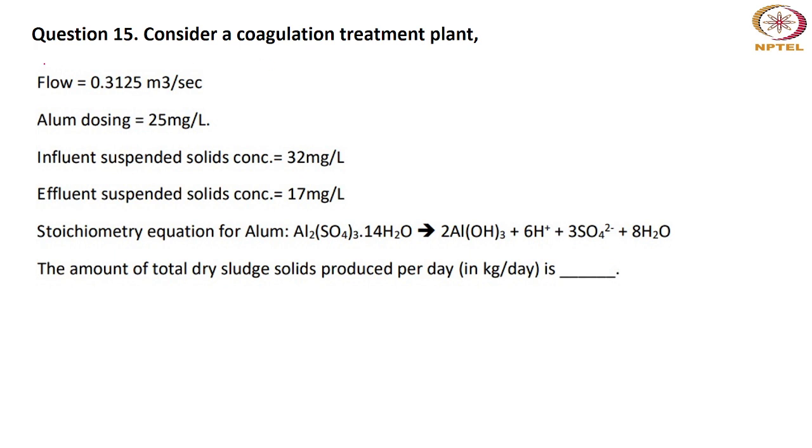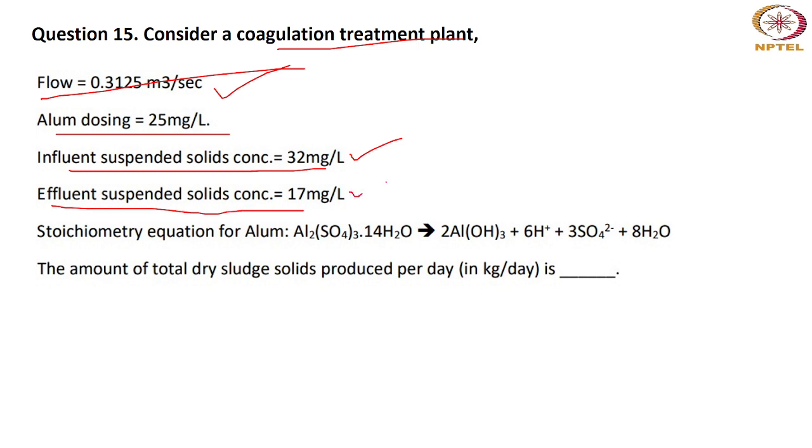The next one is: consider a flocculation treatment plant. Alum dose is given as 25 mg per liter. Flow is 0.3125 meter cube per second. Influent suspended solid concentration is 32 mg per liter. Effluent suspended solid concentration is 17 mg per liter.